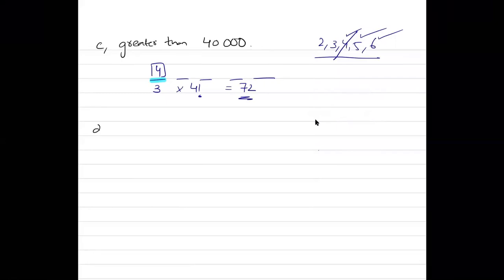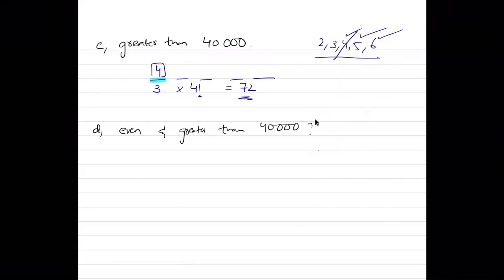Alright. Now, what if I ask you how many of these 5-digit numbers that you found earlier are even and greater than 40,000? I want both conditions to be met at the same time.